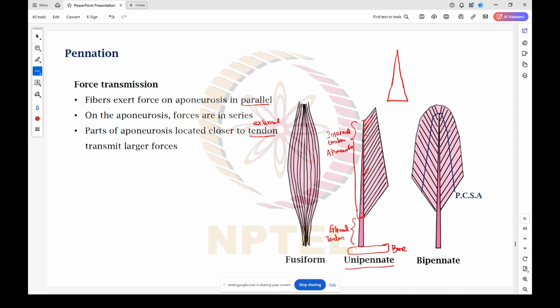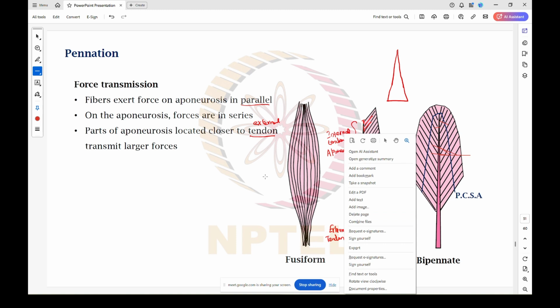Whereas in bipennate muscles, there will be two such angles. One is this and one is this. If you were to draw a line here, one of the angles will be this and the other one will be this. So depending on what kind of muscle you are looking at, the number of pennation angles will be different.